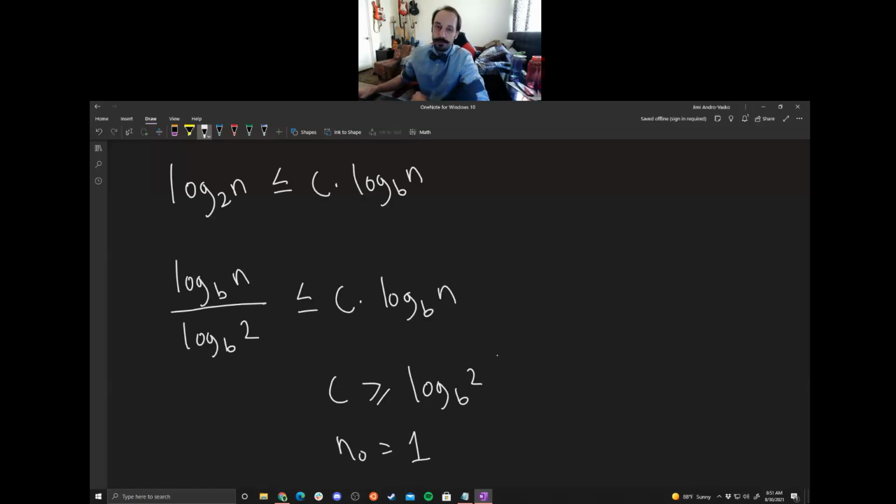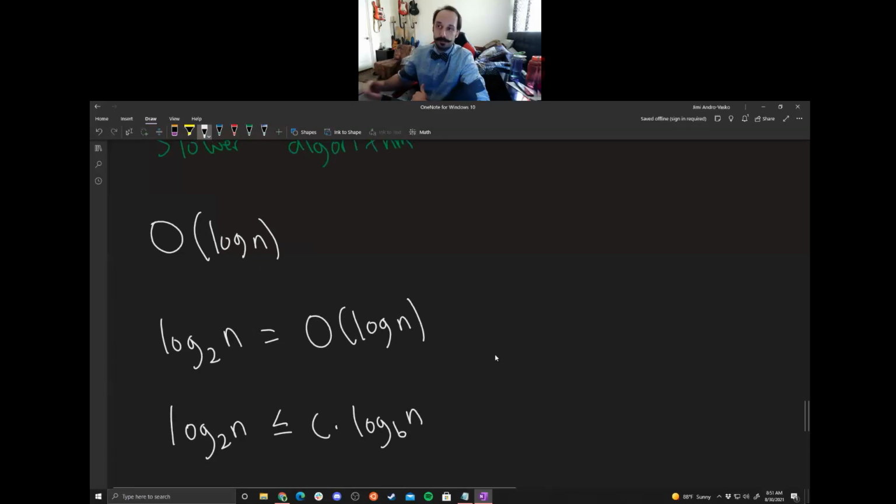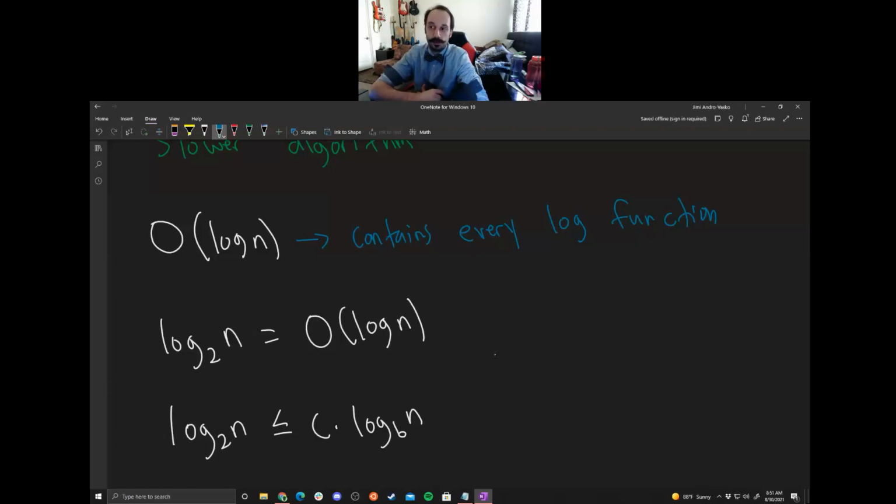So between any two bases, log a or log b, any two logarithms are off by a constant factor, which means that O of log n contains every logarithmic function. Every possible base, natural log, log 10, log 2, all of them are in O of log n.